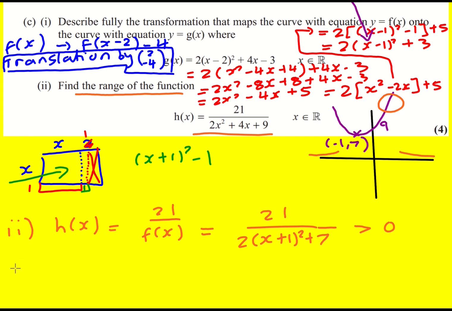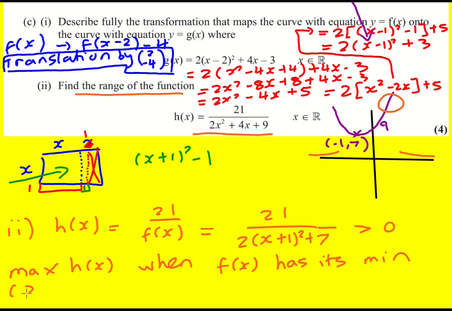And so it's now just about the maximum. Maximum h of x is going to be when f of x has its minimum. And that is when x is equal to minus 1, giving f of x equal to 7.